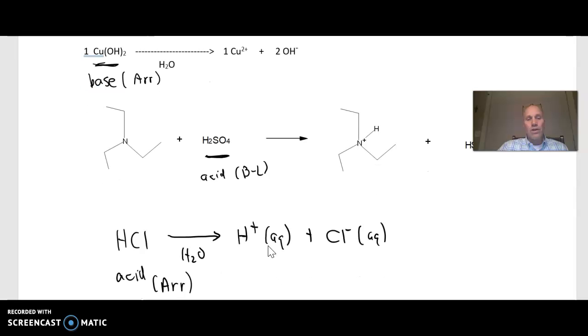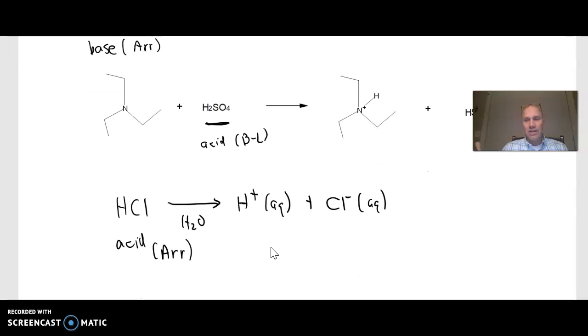I wanted to go ahead and add one more because I didn't have anything so far that could only be identified as an acid by the Arrhenius definition. If I were to draw a reaction this way, HCl reacting with water to make H plus aqueous plus Cl minus aqueous. Again, this is that case where people will draw it this way, even though there is no such thing as aqueous H plus.